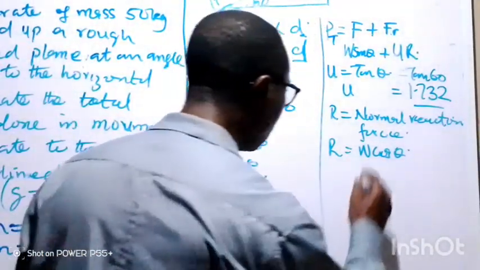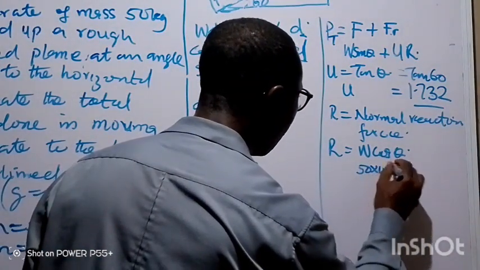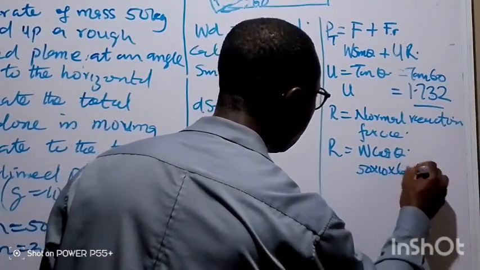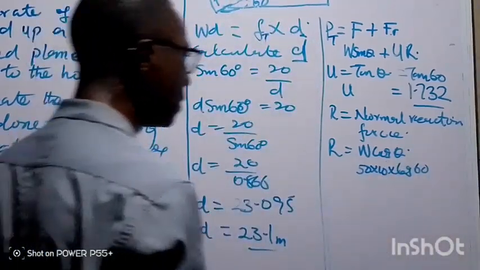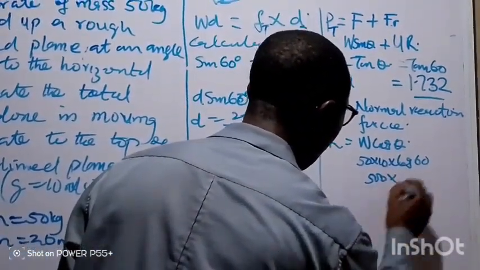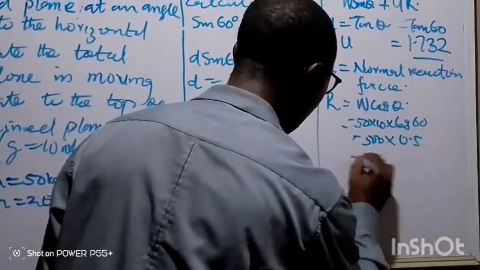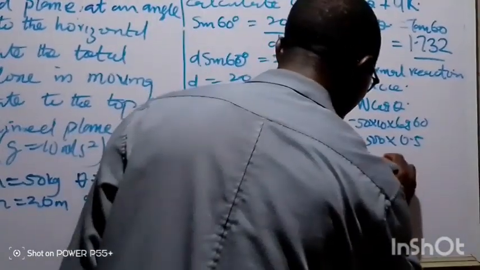So this will now give us 50 multiplied by 10 multiplied by cos 60. Mind you, cos 60 is 0.5. So we are going to have 500 multiplied by 0.5. So this, without wasting time, will give us 250 Newtons.